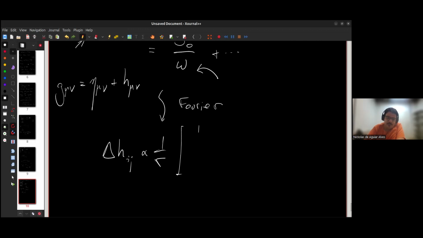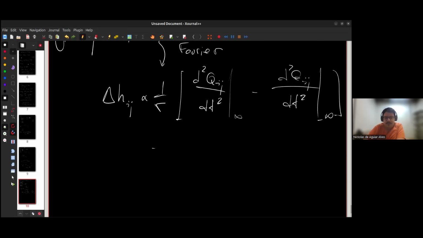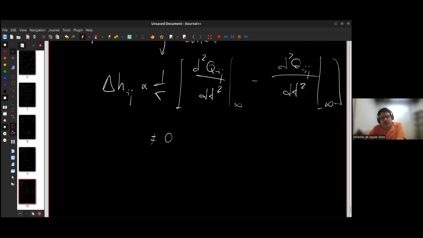It's going to be the derivative of the quadrupole of the source at late times minus the second derivative of the quadrupole at early times. It's something that looks like this. The important thing is that for those sorts of processes this is typically not zero. So what we're going to have here is exactly the change that you're going to get in this h over very long time.